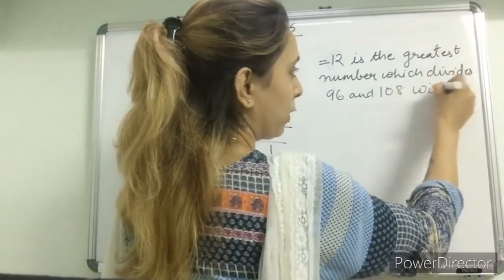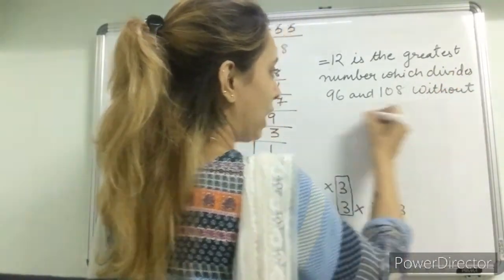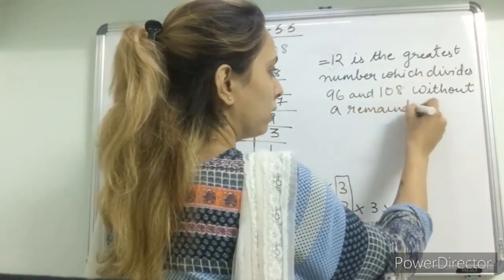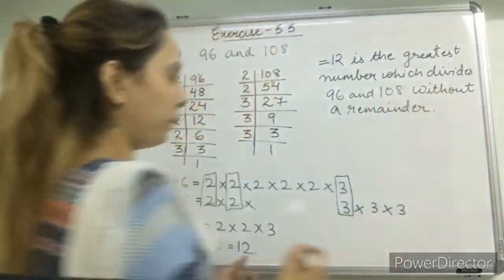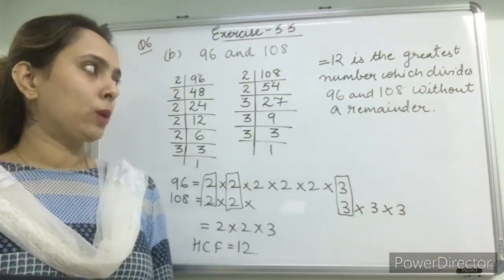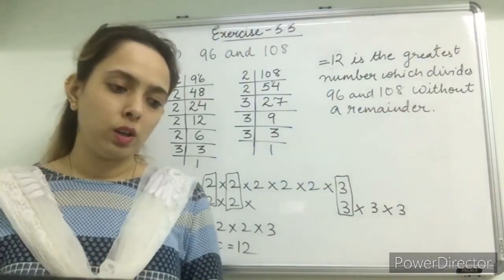Frame statements from the question: without a remainder. So 12 is the greatest number which divides 96 and 108 without a remainder.